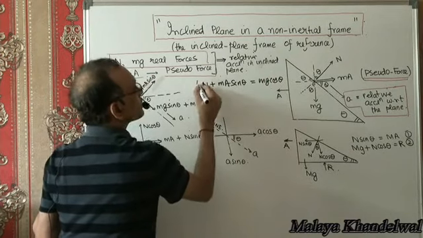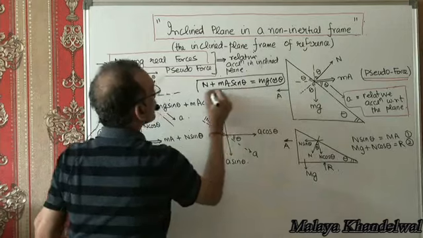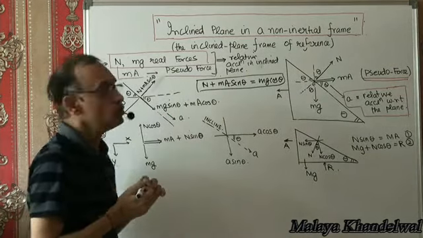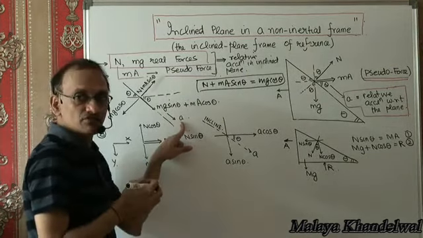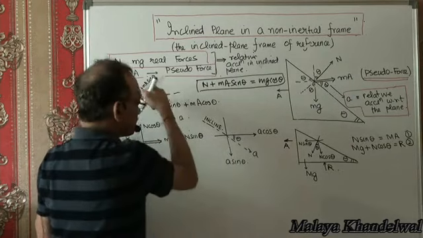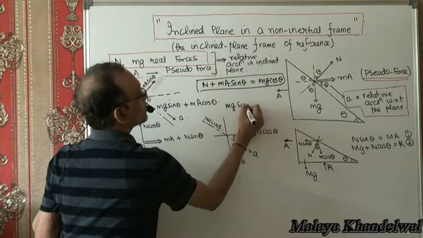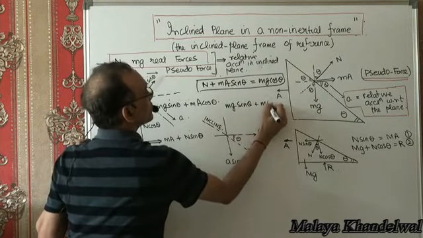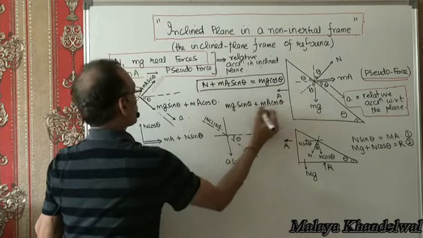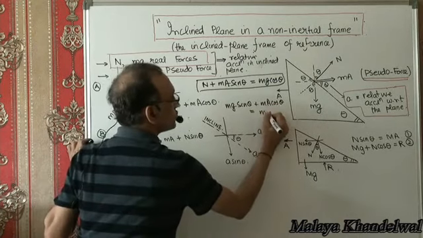And in this direction, they produce an acceleration small a. So along the plane, we have the equation of motion as mg sin theta plus ma cos theta equals small m into a.